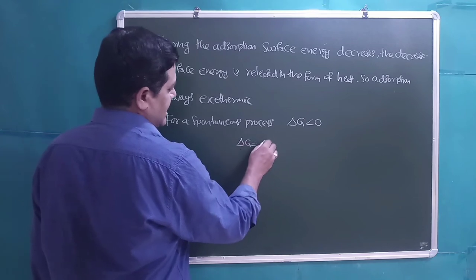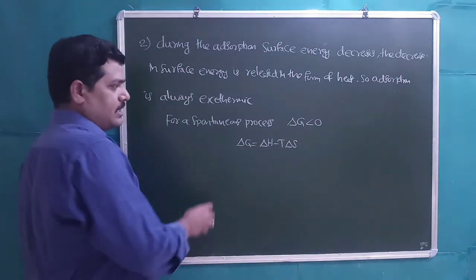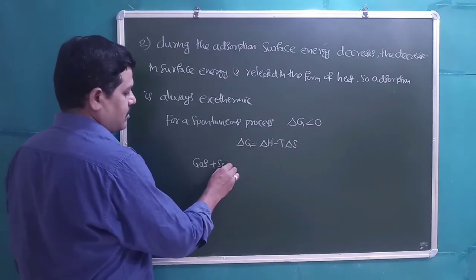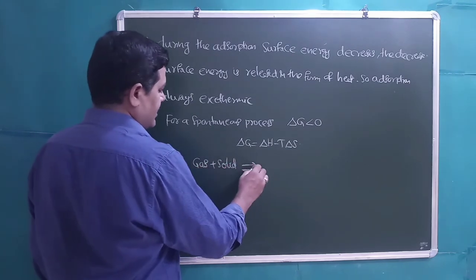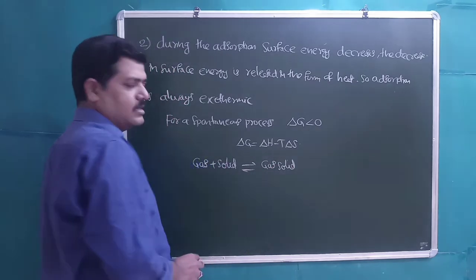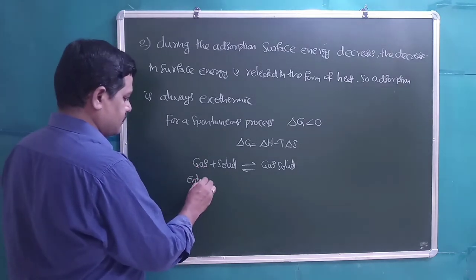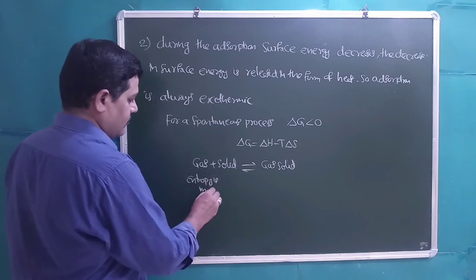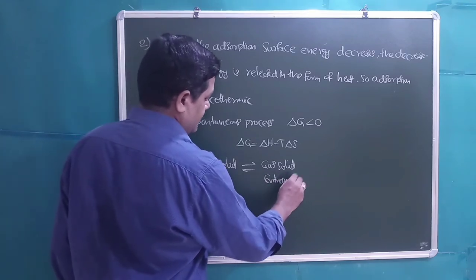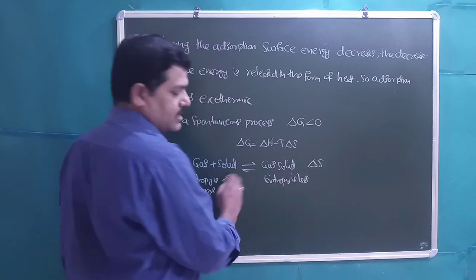Delta G is equal to delta H minus T delta S. When a gas is free, and it gets adsorbed on the surface of the solid, entropy is less. So delta S for this process, entropy decreases.